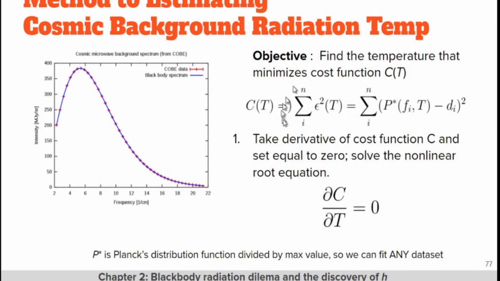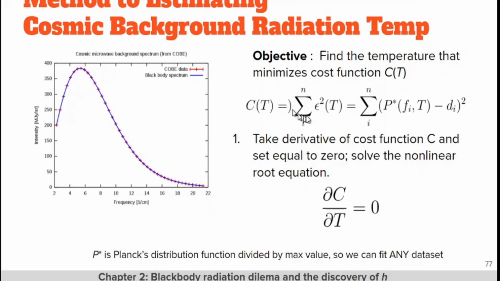So what do we do with this cost function that we just talked about? We're summing over all of the data points, and there's a total of n of those, and each data point is the ith data point.